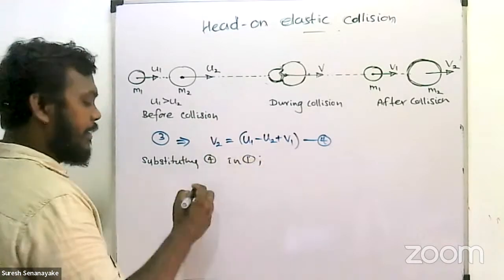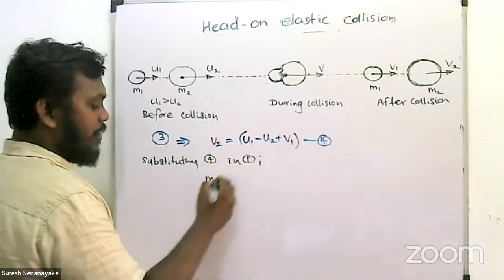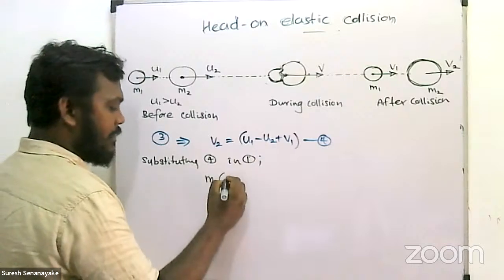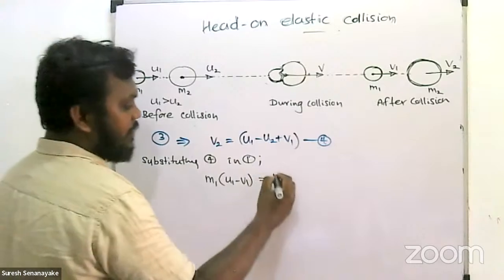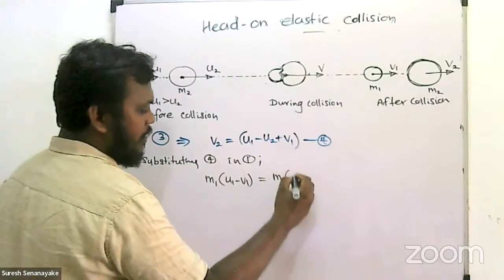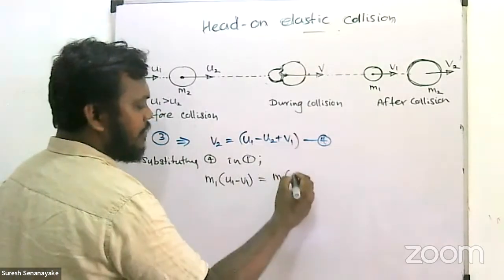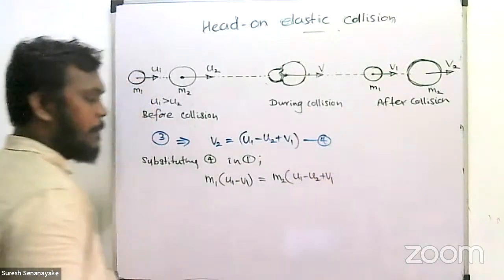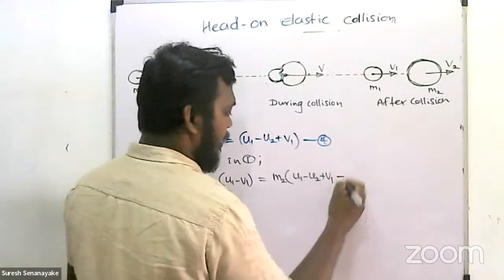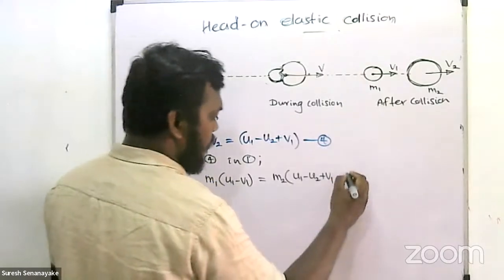So then you can write in the first, take the M1, there is U1 minus V1, so the other side is M2 times V2. Instead of V2 you can substitute this, U1 minus U2 plus V1, minus U2.